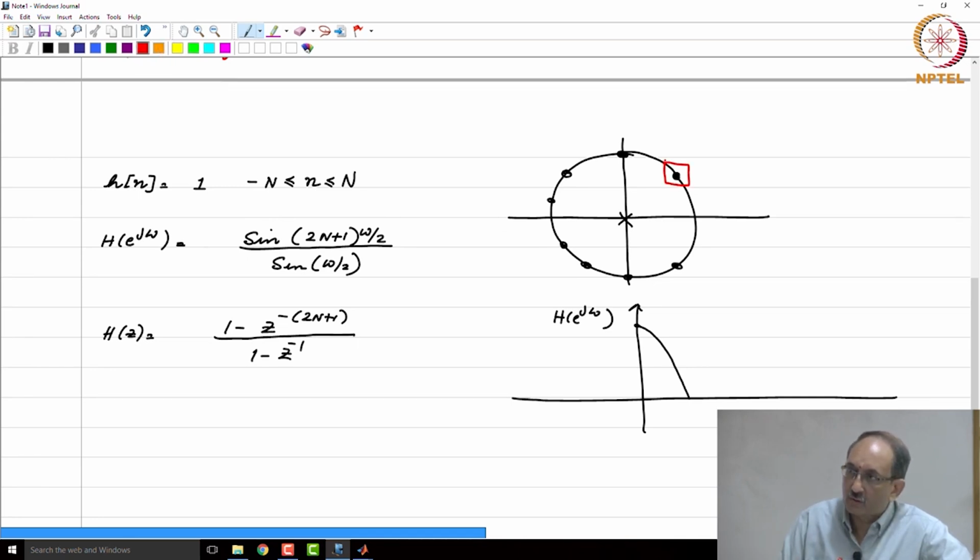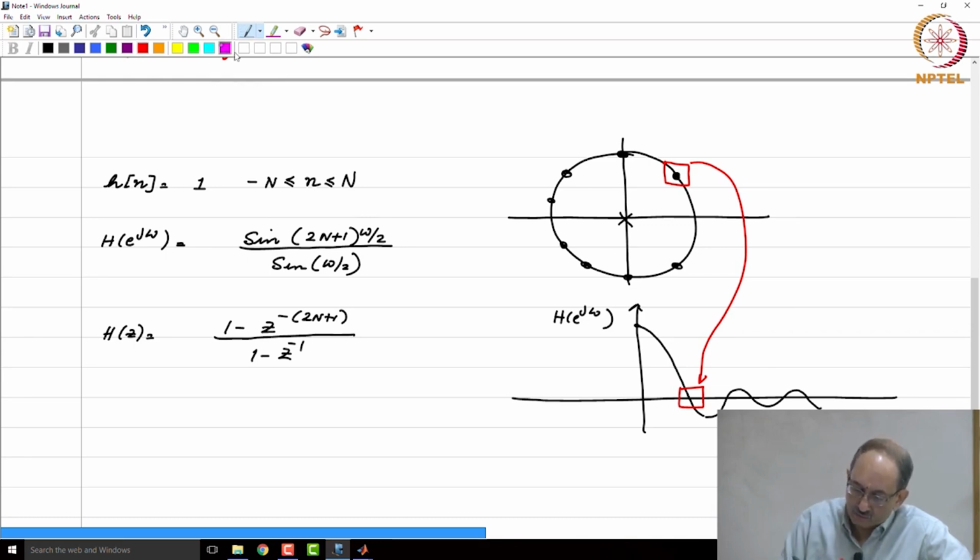When you cross this 0, the frequency response becomes like this. Let me just complete the picture. And now you see, crossing this 0 has now caused a sign change.